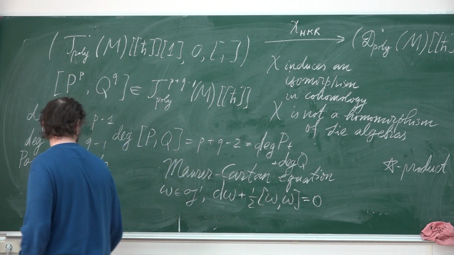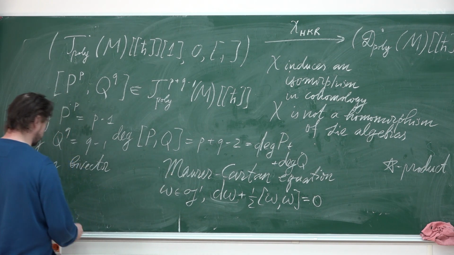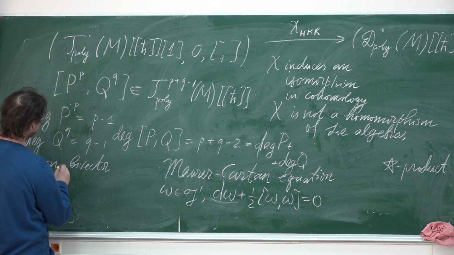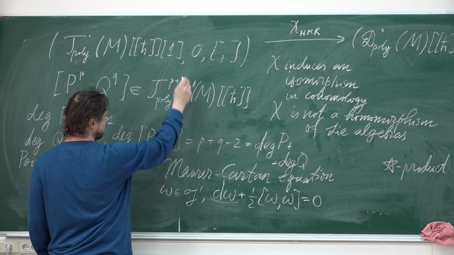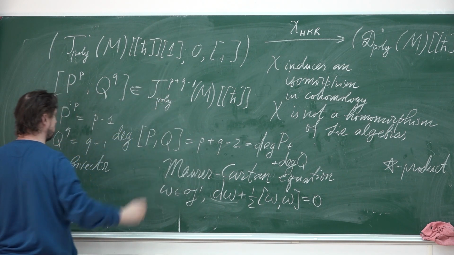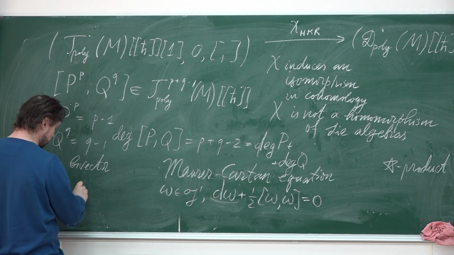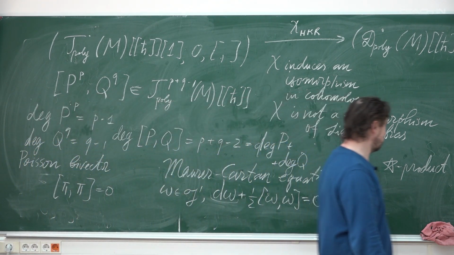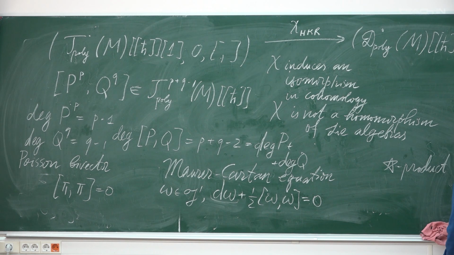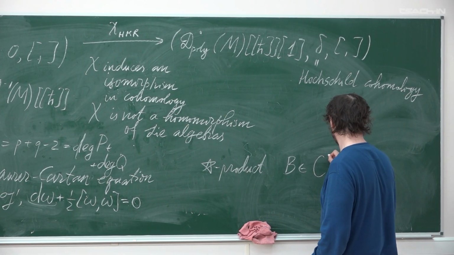On the left, the differential is trivial, so this equation amounts just to the condition that a bivector, because an element of degree 1, after shifting as you see, corresponds to a bivector, verifies this identity. And here, an element of degree 1 is again a formal power sum of cochains of degree 2.